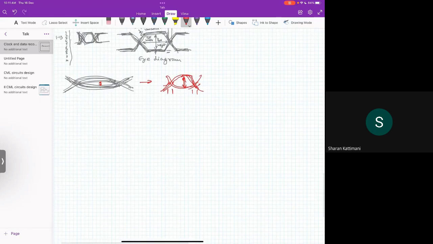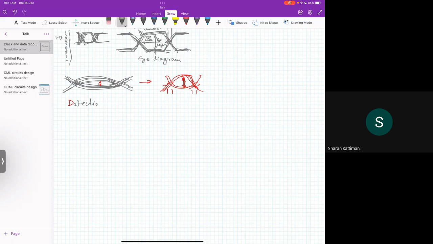So how do we detect the clock and data now? What can be the ways?